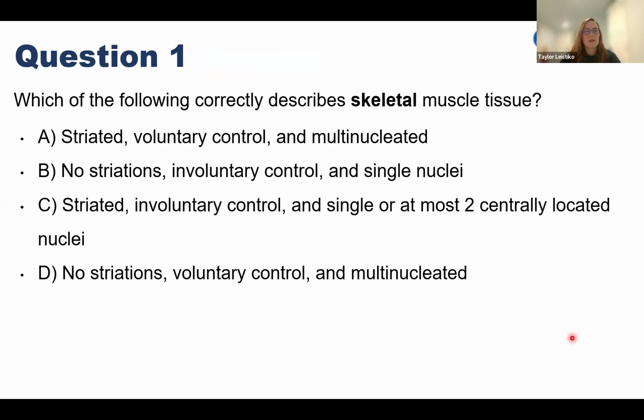So we can do a poll for this one. Which of the following correctly describes skeletal muscle tissue? 3, 2, 1.